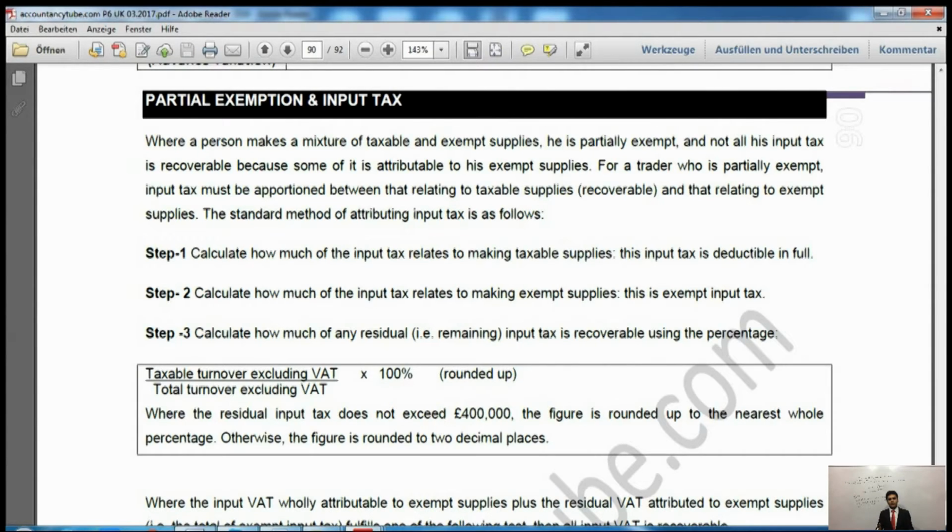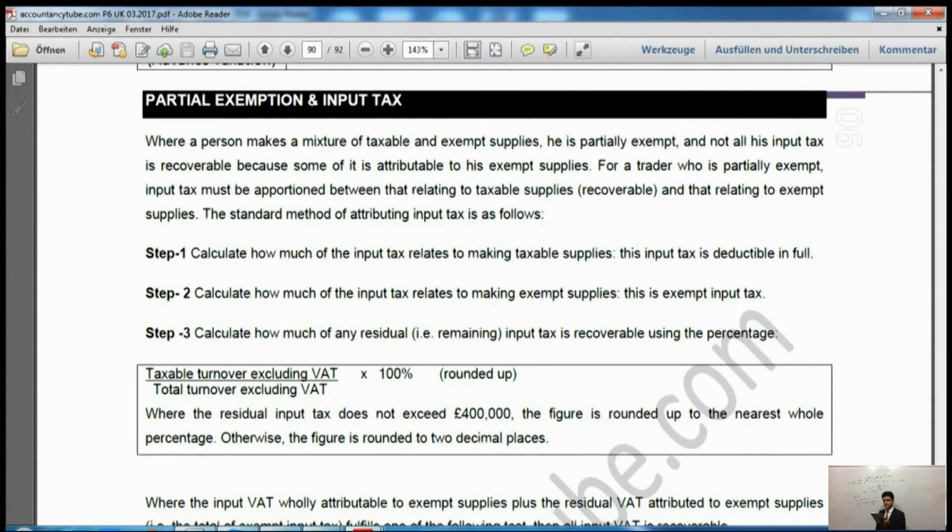But we are working on the exempt supplies, so whatever the input VAT is on exempt supplies, we are worrying about that. If any of the following conditions has been satisfied, then we can recover not only the VAT we have paid on taxable supplies, but also the value-added tax on exempt supplies.